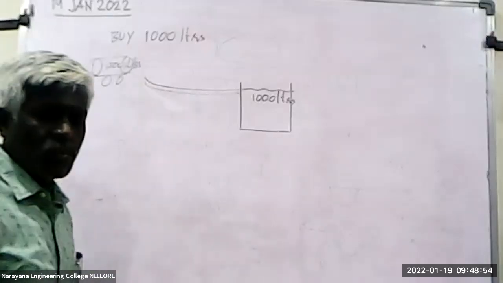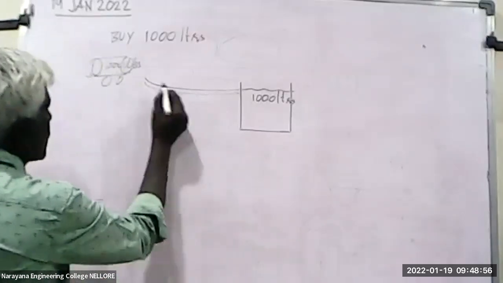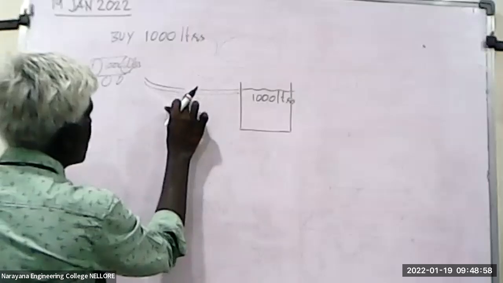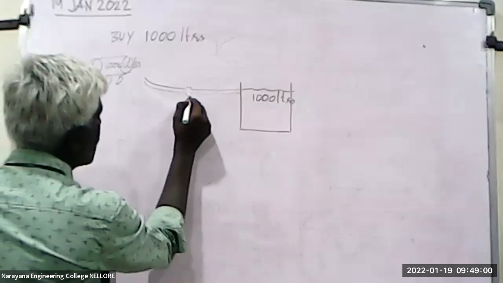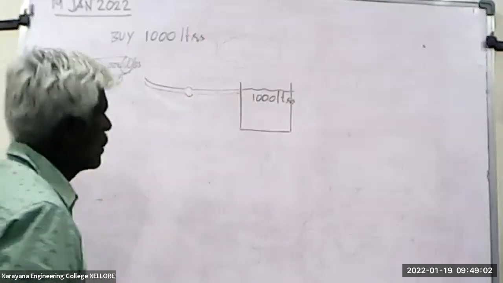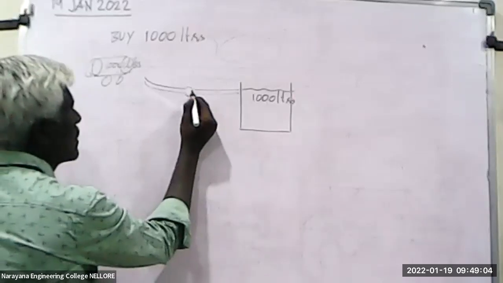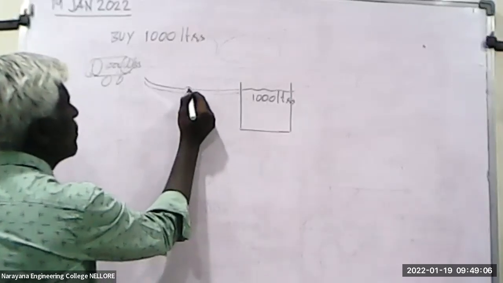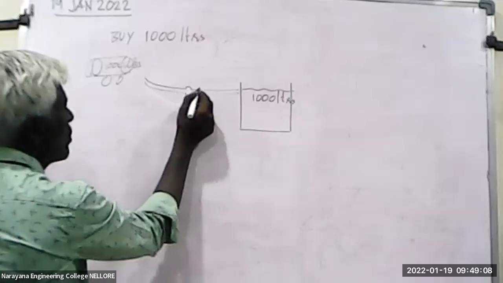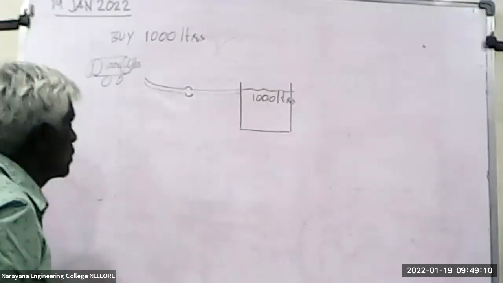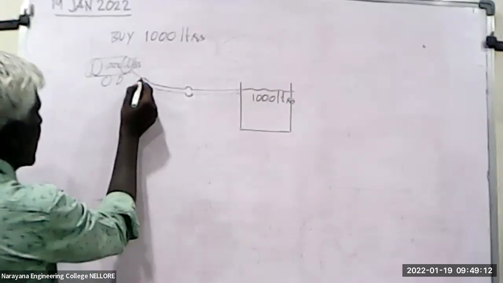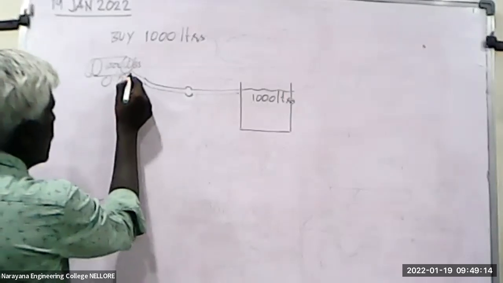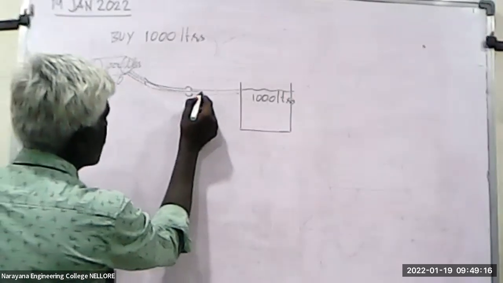You bought 1000 liters, but this pipe is not a uniform pipe. Say for example, there is a little bit of a gap here, like a storage. So what do you do? You connect the pipe here, you let the water flow inside.